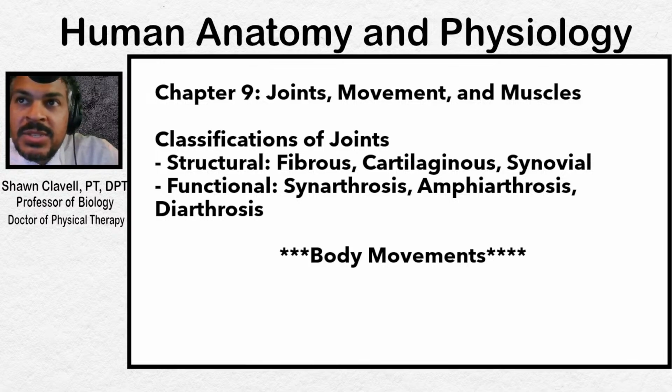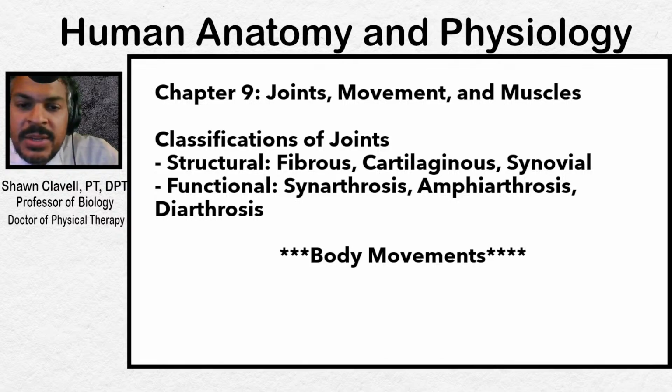movement. So the beginning of the chapter starts in with the classification of joints and being able to identify the different types of joints in the body, like a fibrous joint, like the sutures of the skull, or even like your tooth in the socket, a gomphosis. Those are both fibrous joints that are also synarthrotic.